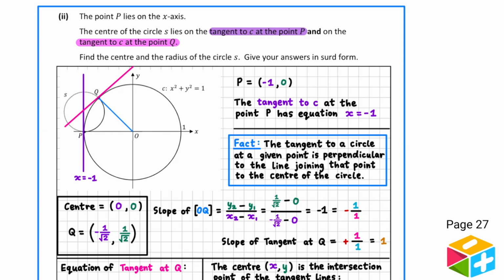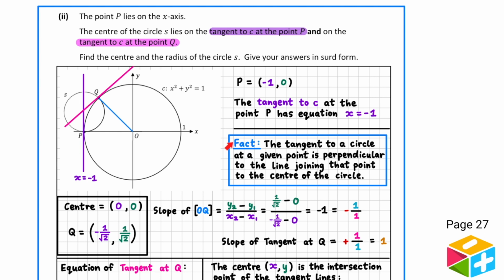To begin, let's focus on the tangent line at P. The first thing to think about is the coordinates of P. Since we're told P lies on the x-axis, it must have a y-coordinate of 0. Since P lies on the unit circle, which has a radius of 1, we can deduce that the x-coordinate is minus 1.